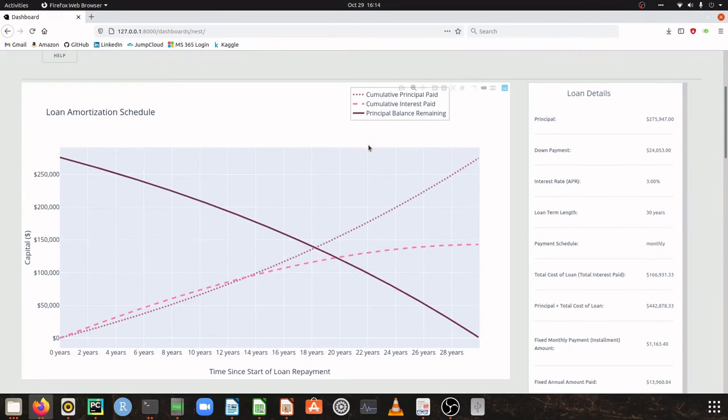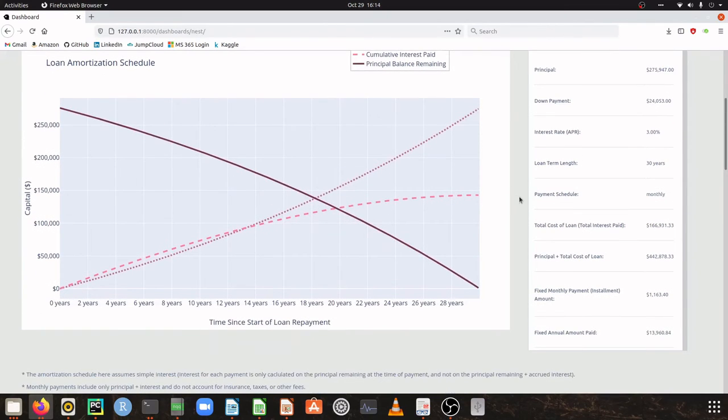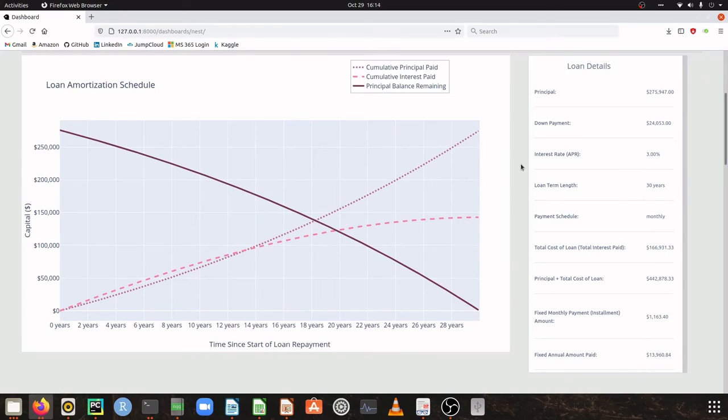So now when you scroll down, there's two numbers that you'll want to look at here in the loan details table on the right. The first one is the total cost of the loan, or the total interest paid. That's $166,931. The other number you want to look at is the fixed monthly payment, which is $1,163.